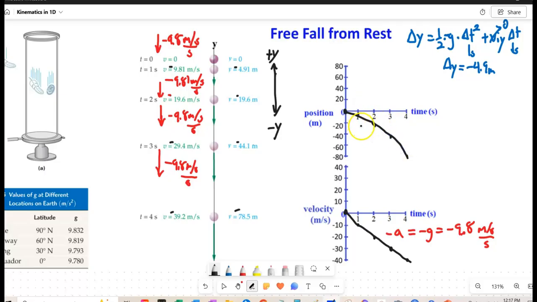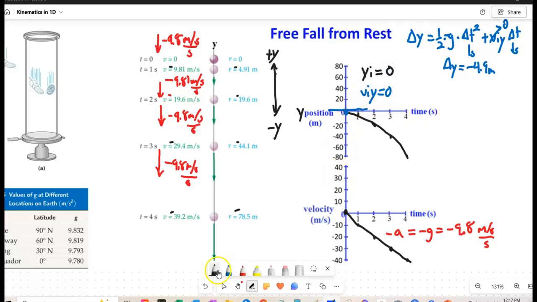And this looks like an object in a position versus time graph in the y direction, where position is speeding up from rest. So its initial velocity in the y direction is 0, and the initial position in the y direction is equal to 0.